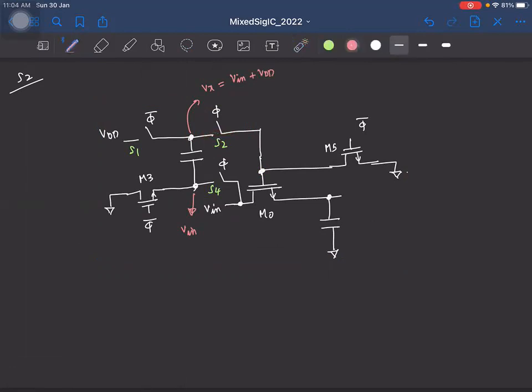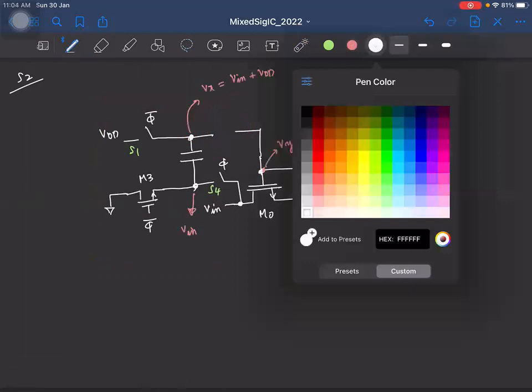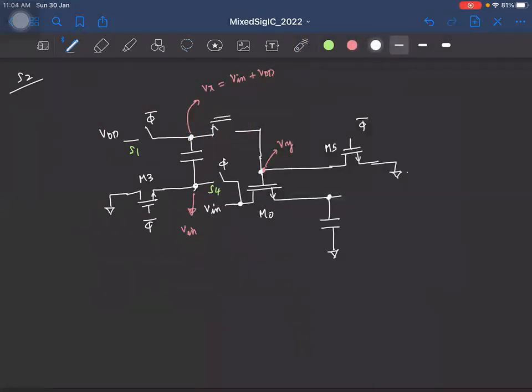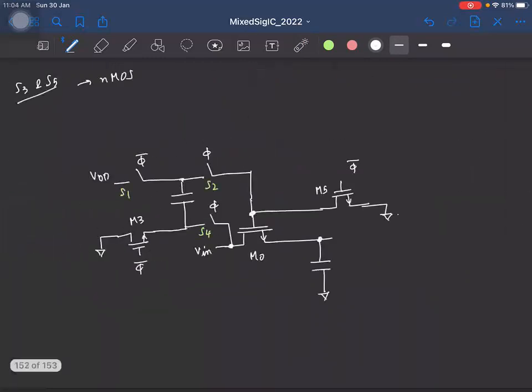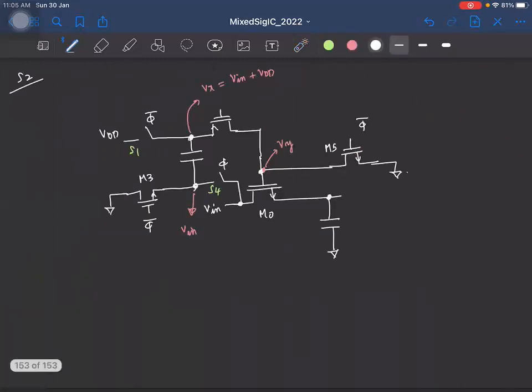And if I call this Vy, this switch S2 is trying to pass this voltage V in plus VDD from Vx to Vy, right? And since this is a high voltage, we'll try to use an NMOS, sorry, a PMOS switch like this. Okay, and this switch S2 was actually clocked by phi, please remember. And since we are using a PMOS switch, we need to invert the clock and give phi bar here. Okay, so this is the switch S2, right? So I'll call it M2.